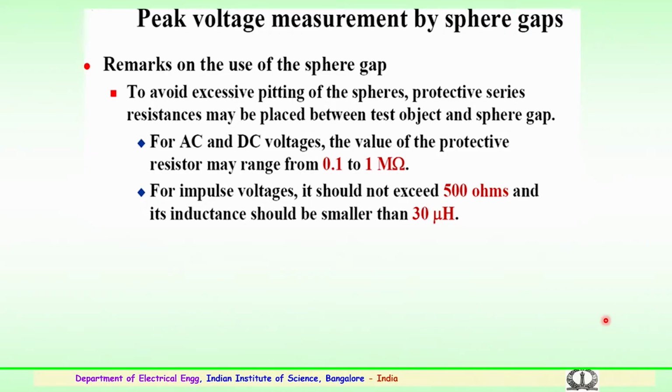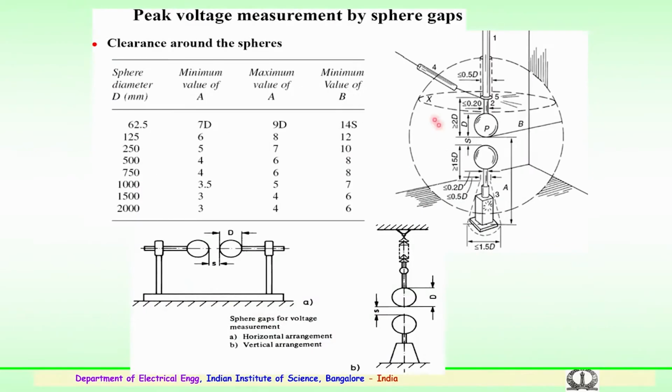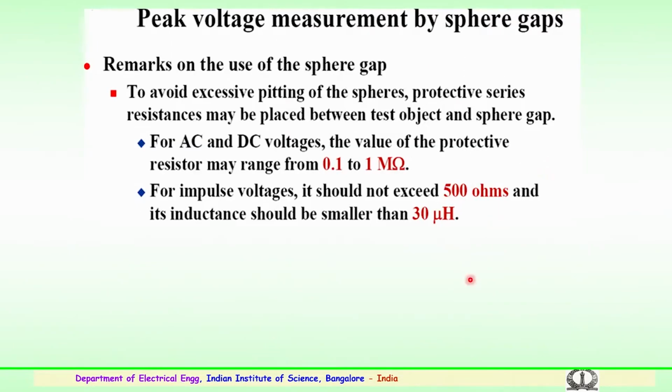So, there should be a protective series resistance, that is the intention of going in for the series resistance, as shown here, placed between the test object and the sphere gap. For AC or DC voltage measurements, a typical value for the protective resistor may range anywhere between 0.1 to 1 megohms.